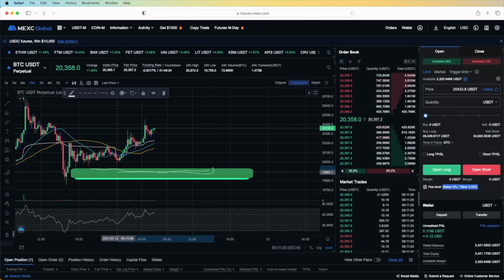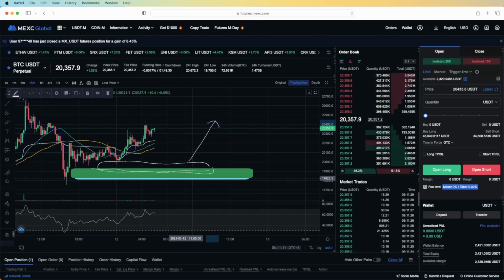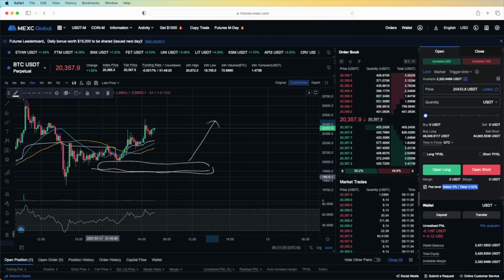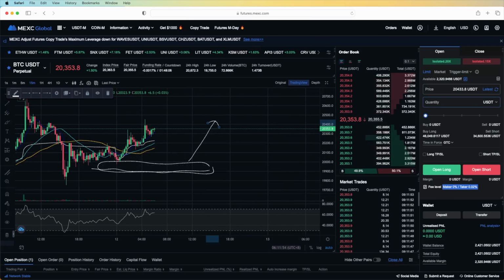When the price reaches this area, I'm going to place a limit order because we have big support here, and open the position based on this. For the limit, you pay a lower fee. But if you use market, you have to pay more fee. Keep that in mind.